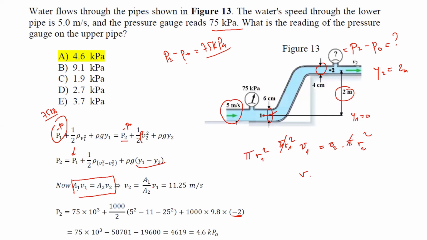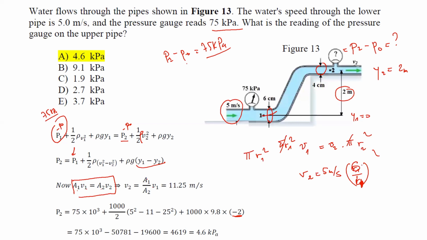So V2 is equal to V1, which is 5 meters per second, multiplied by r1 divided by r2, squared. Here r1 is 6 and r2 is 4.